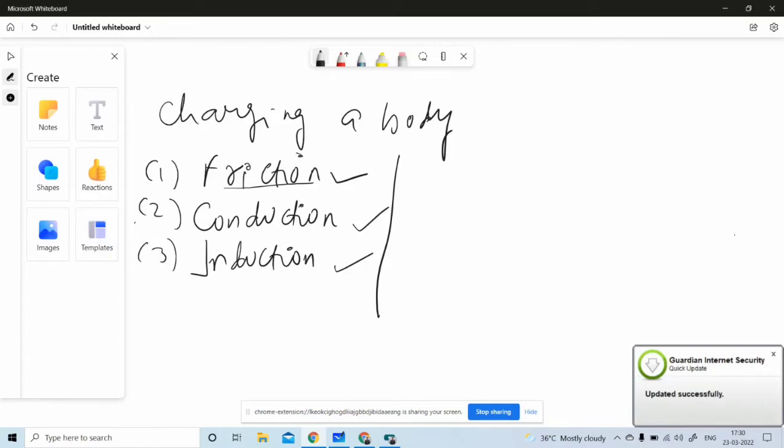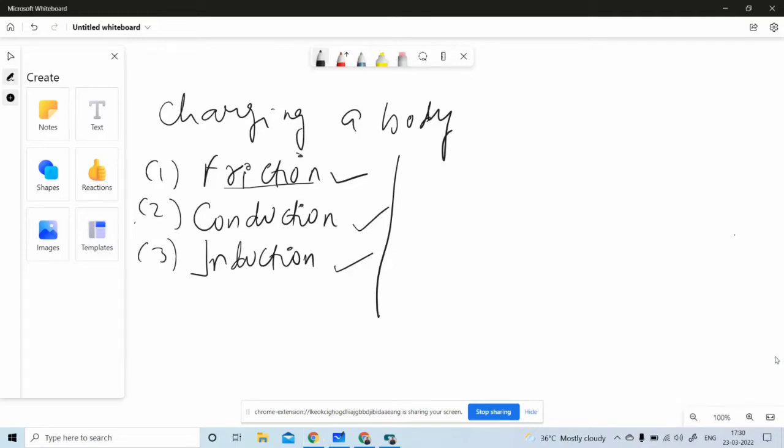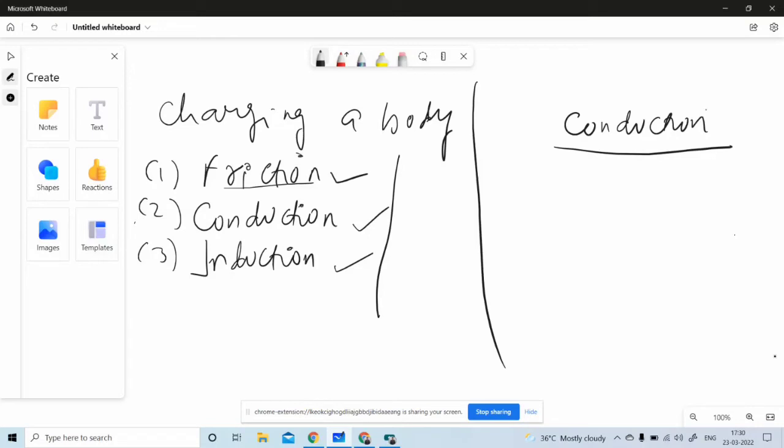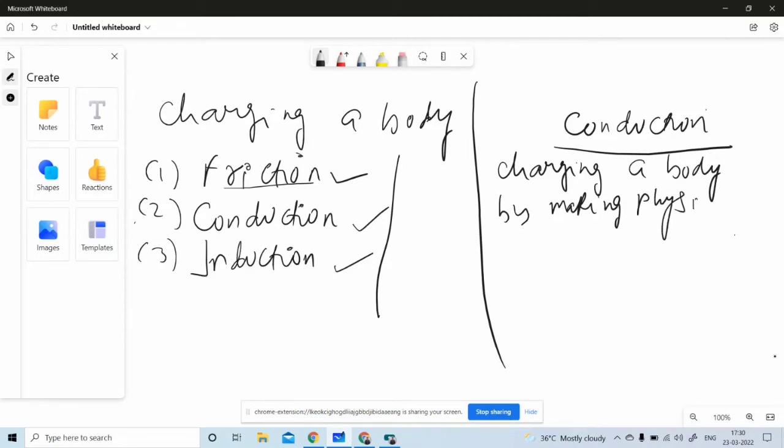Now, the second method, that is to charge a body with the help of conduction. See, charging with the help of conduction. Conduction is a method where you charge a body by making physical contact with another body.